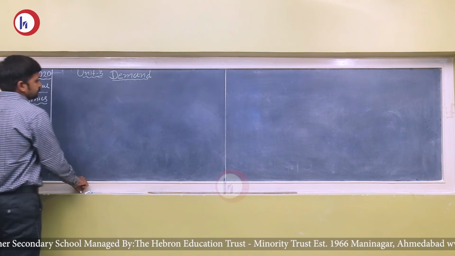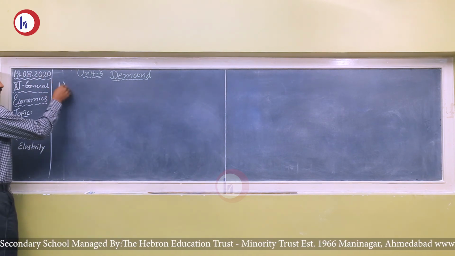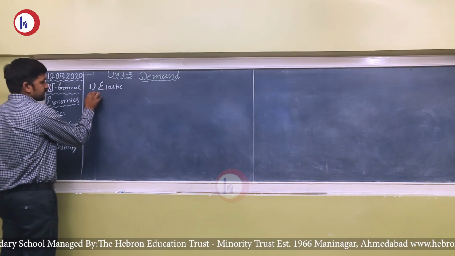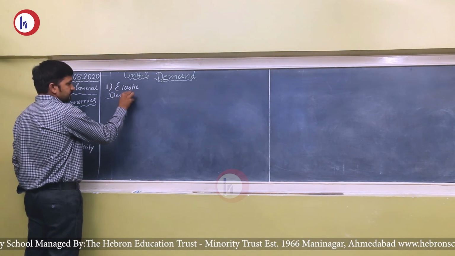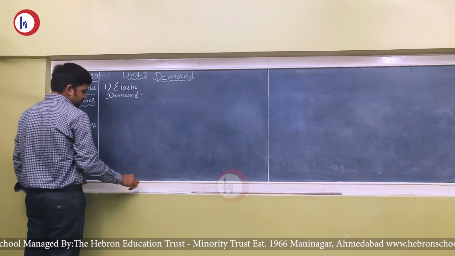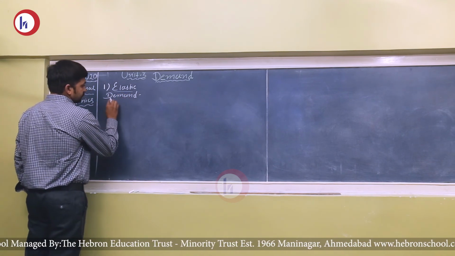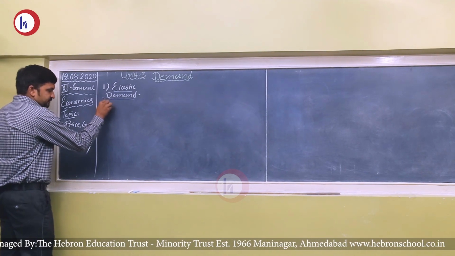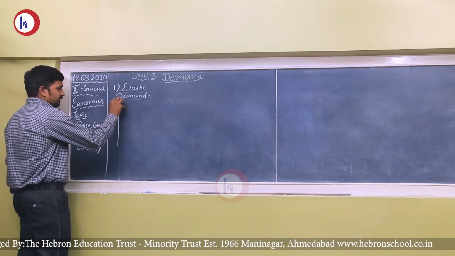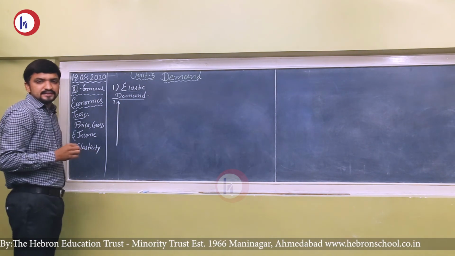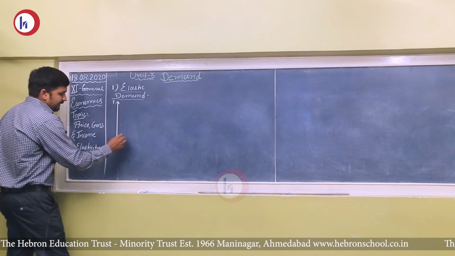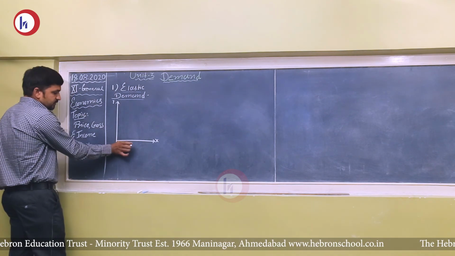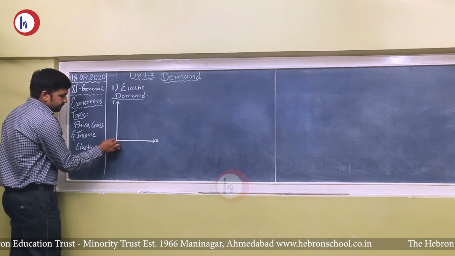So, number one is elastic demand. Now, as we all know, from the very first figure we have decided that on y-axis we are going to present price, and on x-axis we are going to present demand.